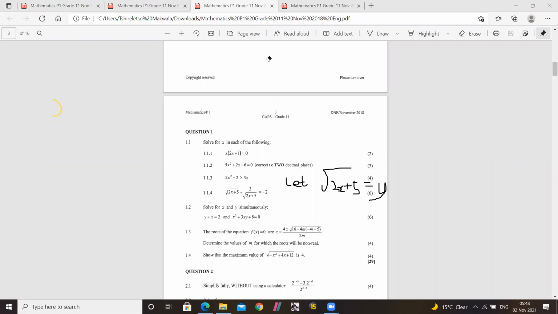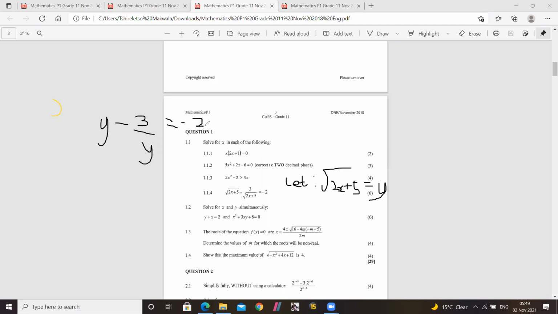Let square root 2 plus 2x plus 5 equal y. So this whole thing here we said is equal to y, and this whole thing here is equal to y, right? What does it mean for us? It means that y minus 3 over y is equal to negative 2.